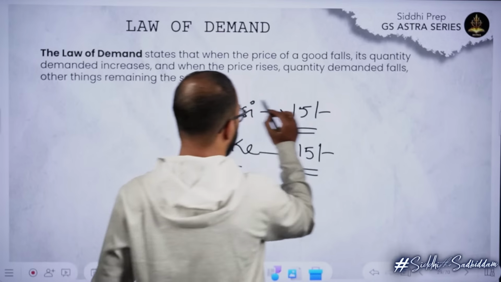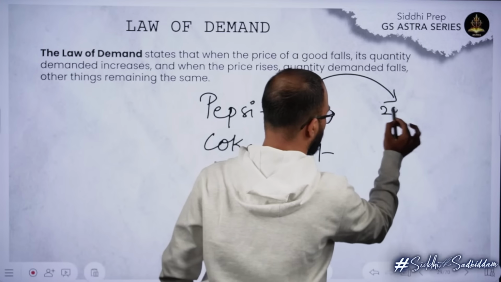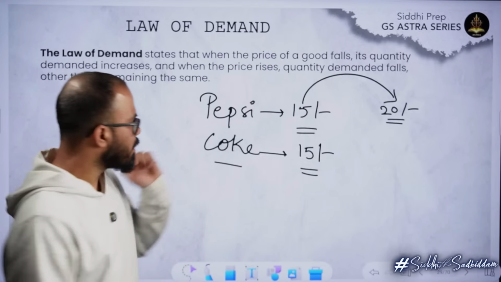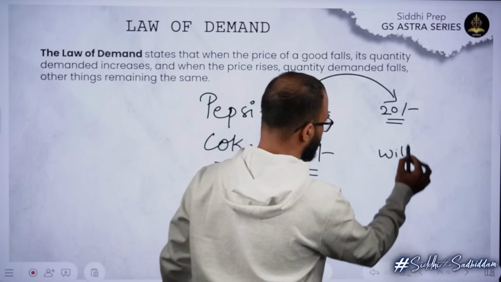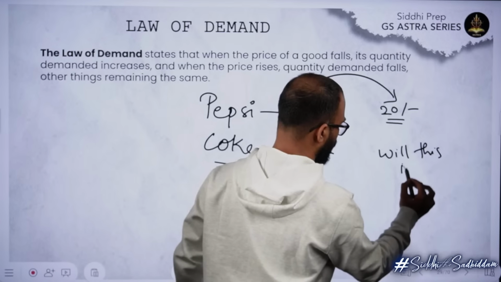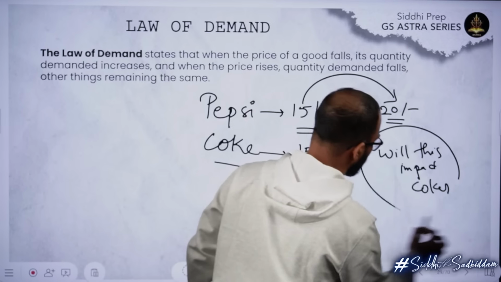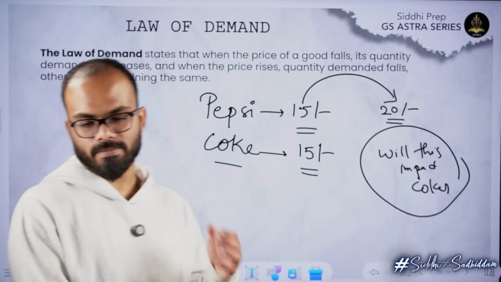Now suddenly, Pepsi price was increased to 20 rupees. My question is, will this impact Coke demand or not? Yes or no?